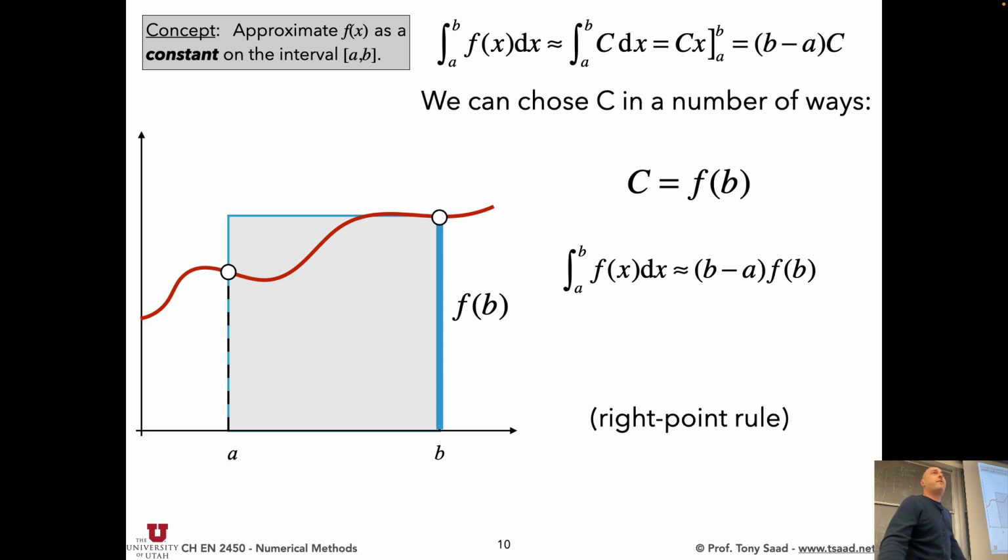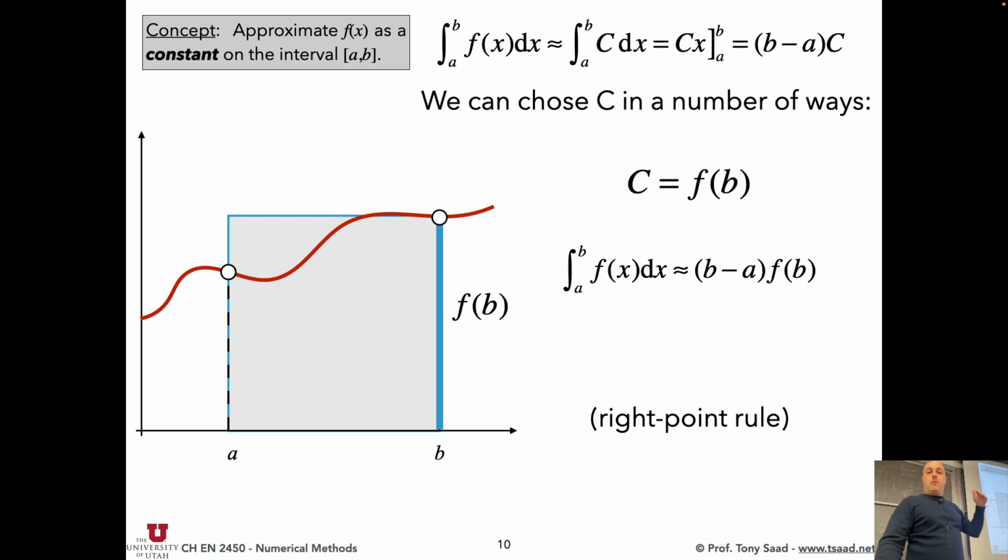There's actually an infinite number of choices for this constant. You can choose that constant to be f of (a plus b)/2, or f of (a plus b)/3. Any point on the curve can be chosen to represent that constant.